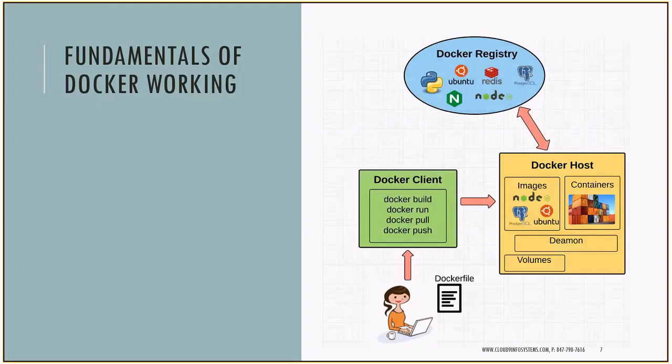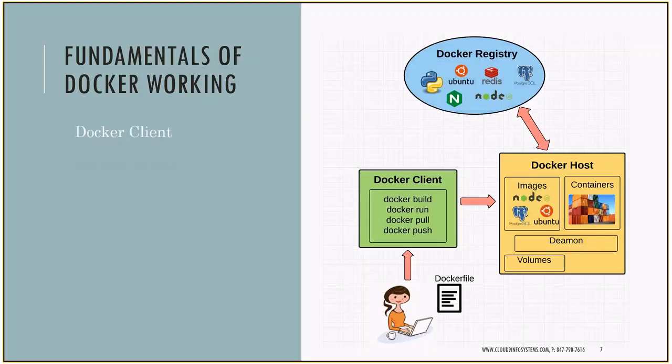We'll go about the basics, the fundamentals of how Docker actually works. We have set the premise and we have the big picture in place. But now let's go through the functional parts of Docker. As you can see in the image, we'll go piece by piece, starting off with the Docker client.